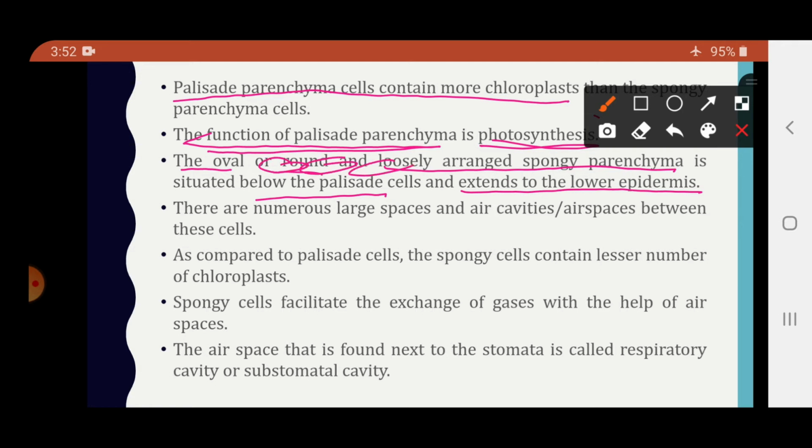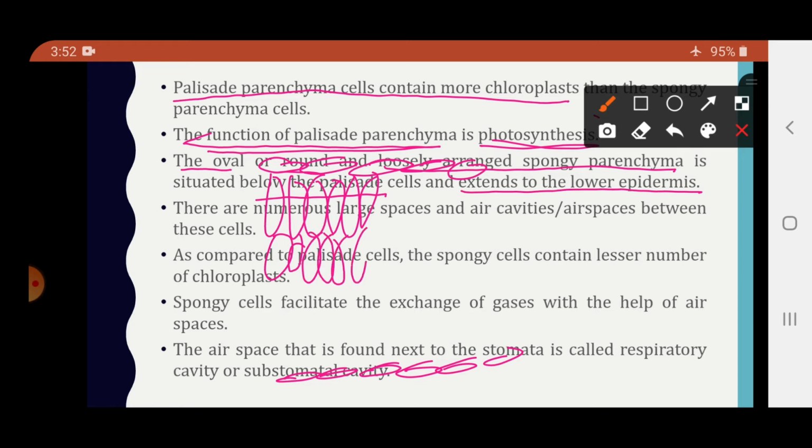This is the upper epidermis, right? Say for example, this is the lower epidermis, right? Now, towards the upper epidermis, there are 1 to 2 layers of which cells? There are 1 to 2 layers of the palisade parenchyma.